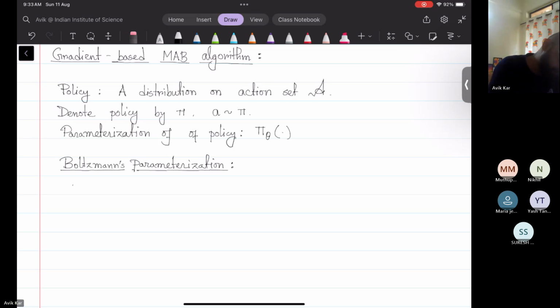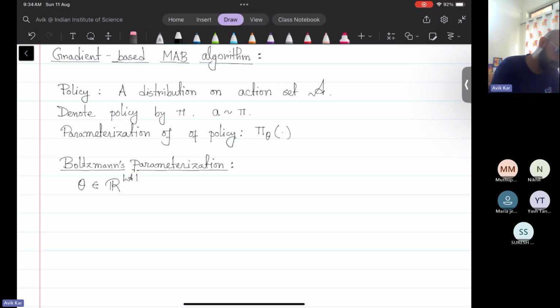So theta is a vector in R to the number of actions. The action set is assumed to be finite.